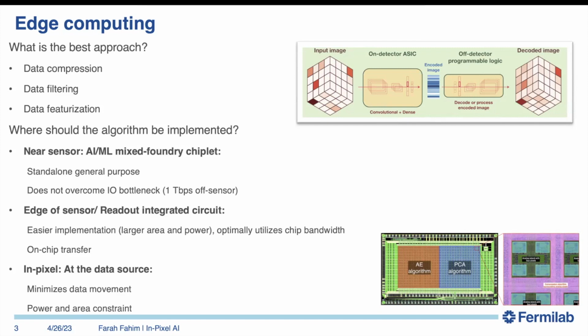Or should you be doing this inside the pixelated area, right at the data source, which would minimize data movement and give us the most power and area efficient solution? However, the constraints for power and area are so high, can we actually end up doing it?